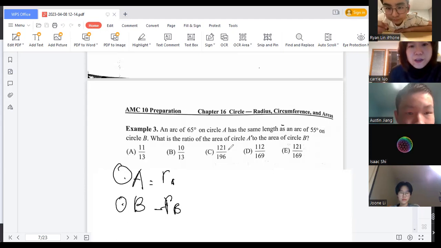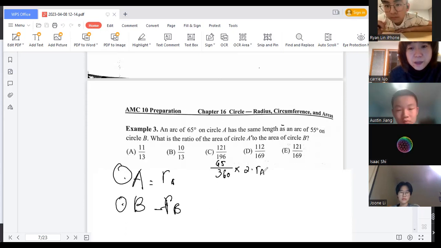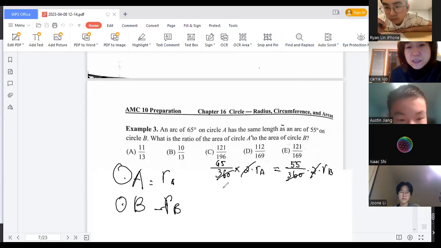So the arc length is 65 over 360 times 2 times RA, which equals 55 over 360 times 2 times RB. So basically 2 and 2 are gone, 360 gone.